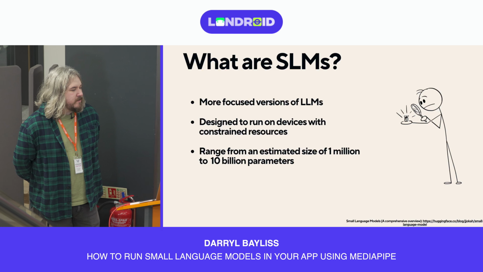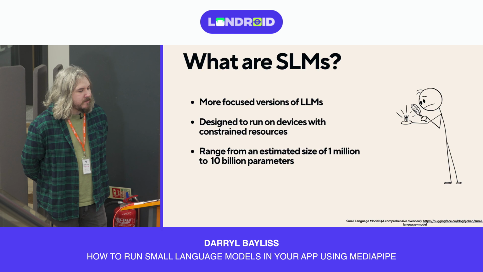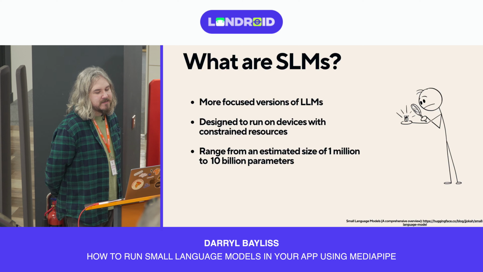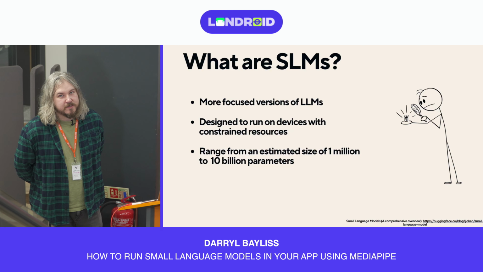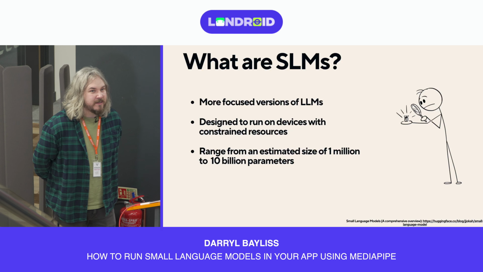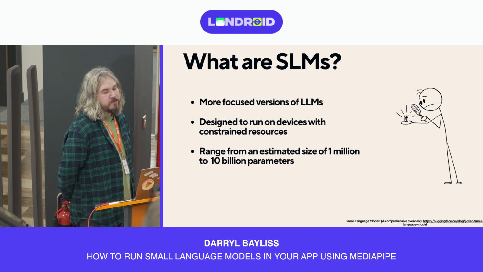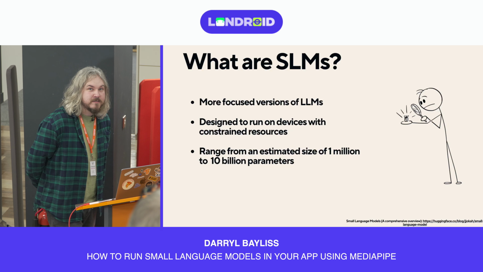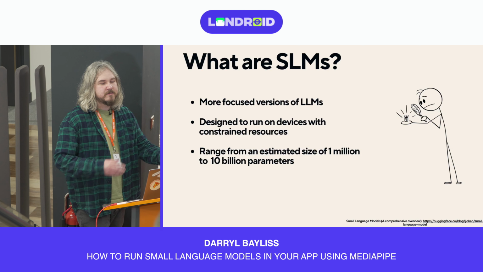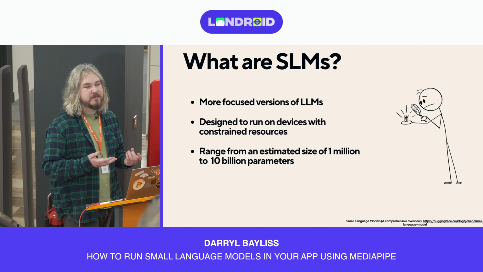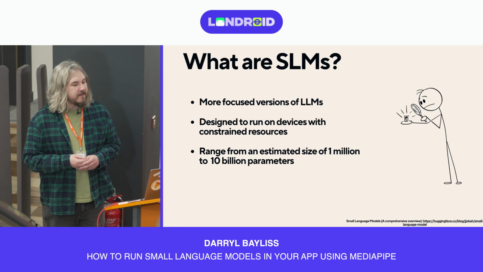They do tend to range between sizes of 1 million to 10 billion parameters, which when you think about the LLMs of OpenAI, Anthropic, you're probably talking about hundreds of billions, if not trillions in some cases. So that gives you a comparison of where SLMs fit compared to the larger models.